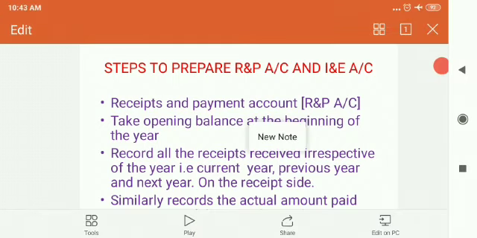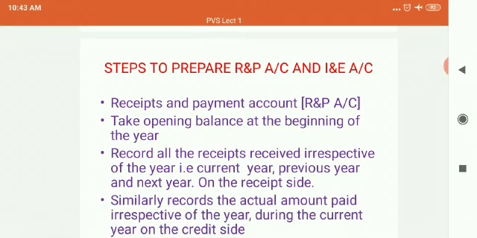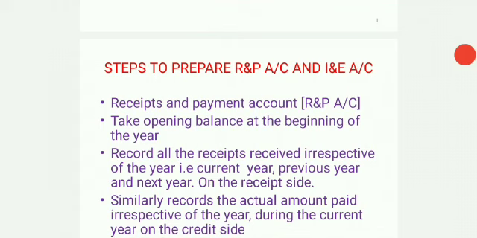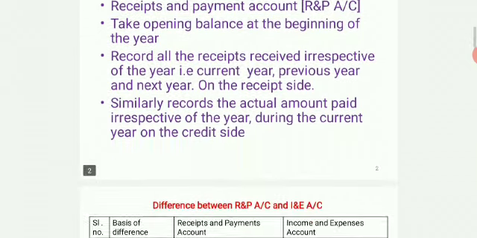Similarly, record the actual amount paid irrespective of the year, during the current, previous or next year, on the credit side of the receipts and payments account.